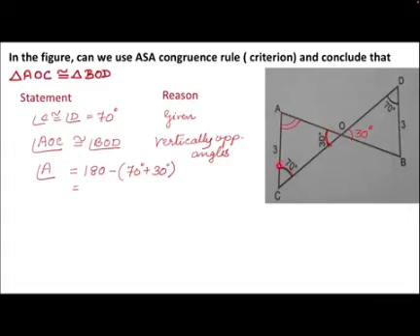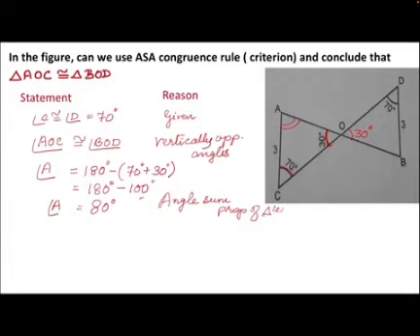In triangle AOC, 70 degrees is one angle, 30 degrees is the second angle, third angle will be 180 minus this sum because total is 180 degrees. Okay, so 180 minus 100. So angle A equals 80 degrees. I hope you all understood. So I have to write the reason, is it not? Angle sum property of triangles.